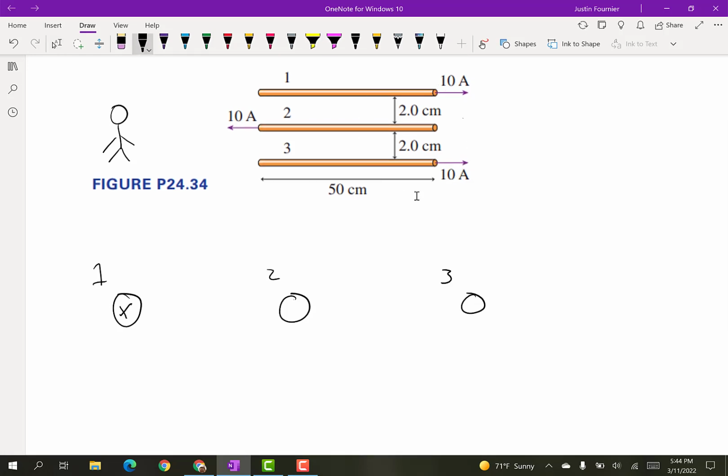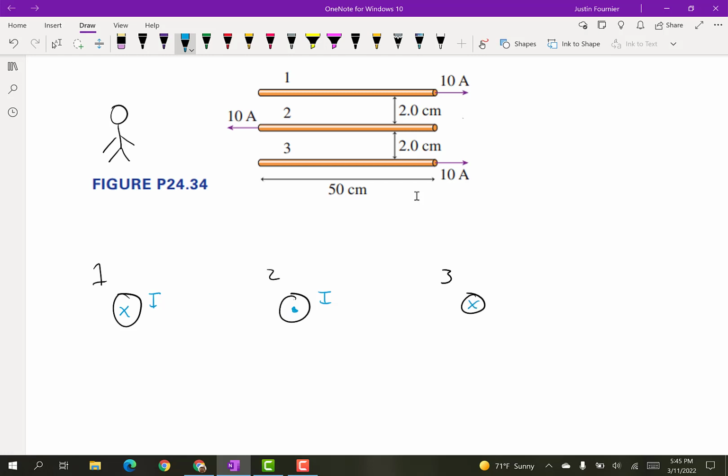So the current goes into the page. Here's current 1, here's current 2. All the currents are the same, so I'll just say I. So into the page, out of the page, and then into the page again.